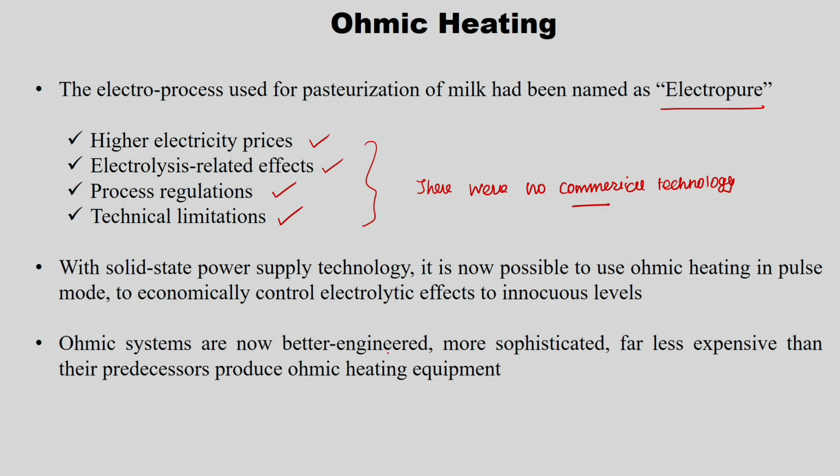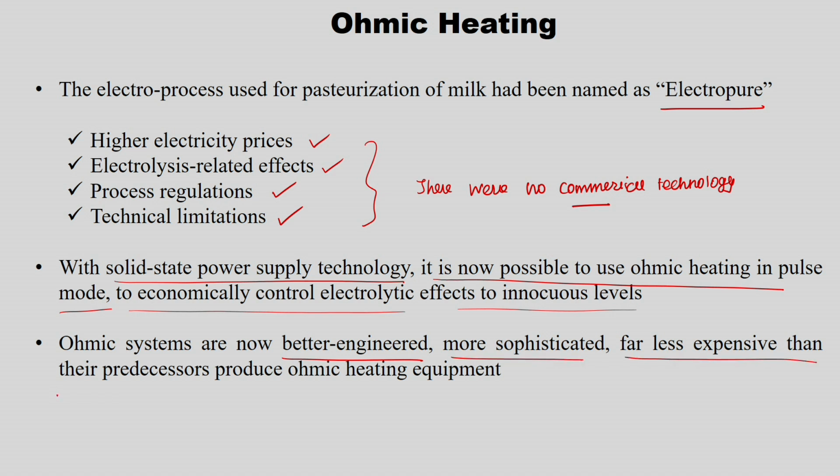Then after that, with solid state power supply technology, it is now possible to use ohmic heating in pulse mode, pulsed ohmic heating, to economically control electrolytic effects to an innocuous level. And ohmic heating systems are now better engineered and more sophisticated, far less expensive than their predecessors to produce ohmic heating equipment. So, there was a certain dip in between, but again it got picked up due to technology advancement.